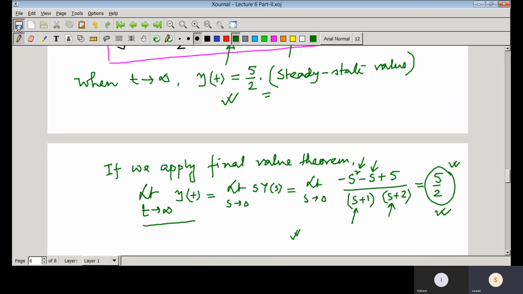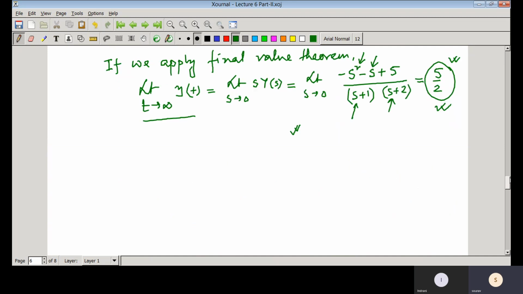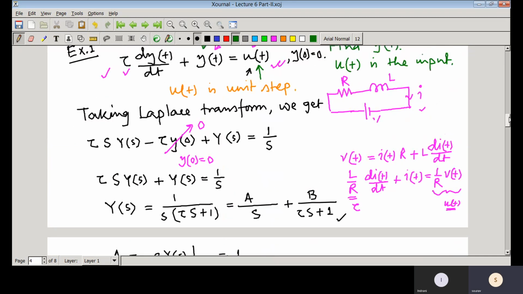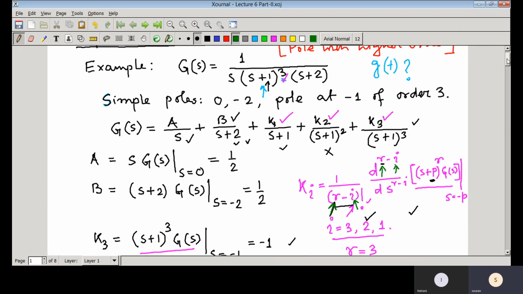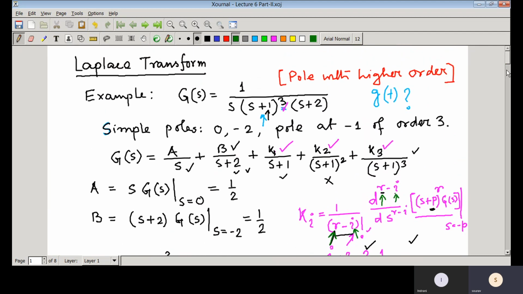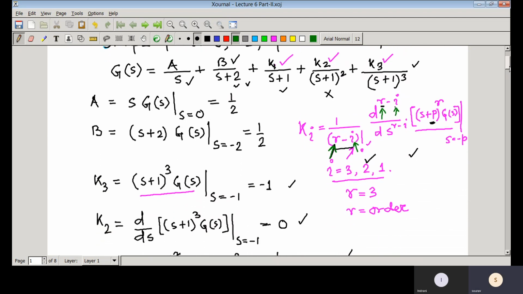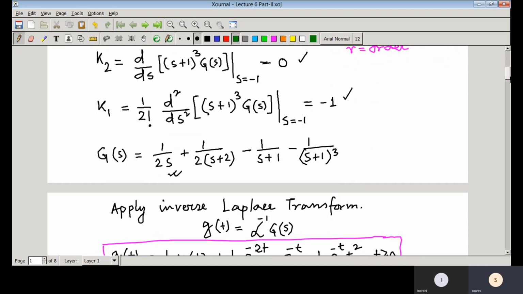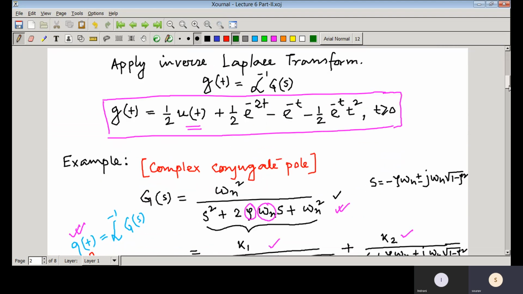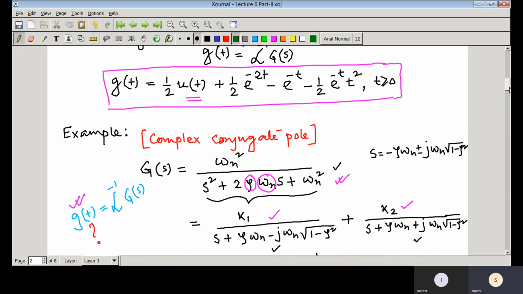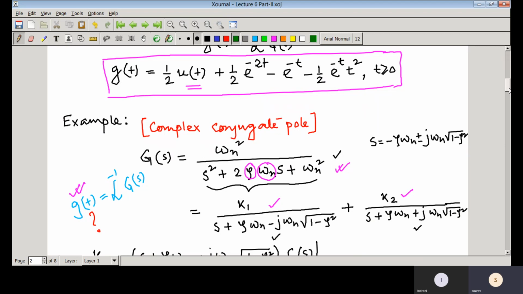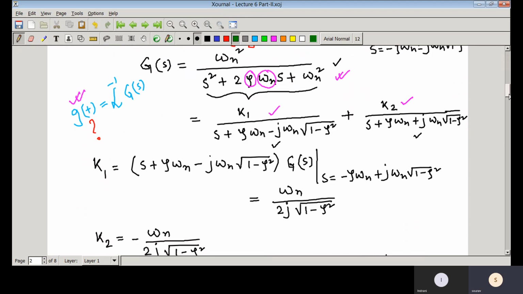Let us summarize what we have discussed in this part 2. We have solved a few examples, just applying Laplace and inverse Laplace transform. First we solved one example where a pole with higher order is there, and we found the solution g(t). Next we solved one problem where we have a complex conjugate pole, and we found that expression.